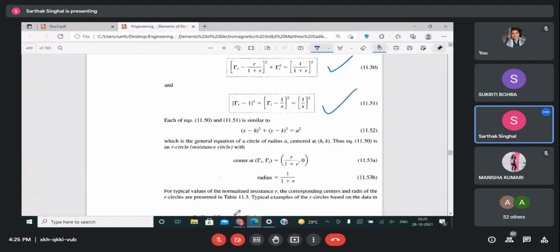So this first one is a circle with center at r upon 1 plus r, comma 0, and the radius of 1 plus 1 upon r, right? Yes, sir. So this is a resistance circle.